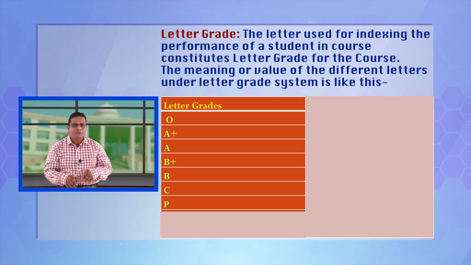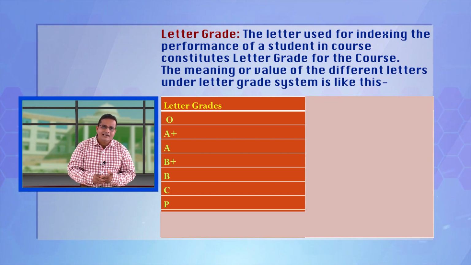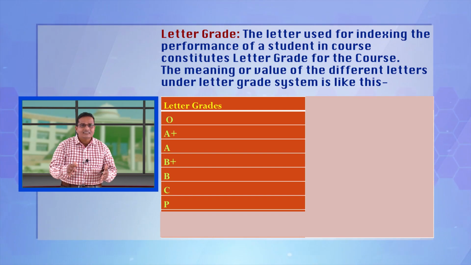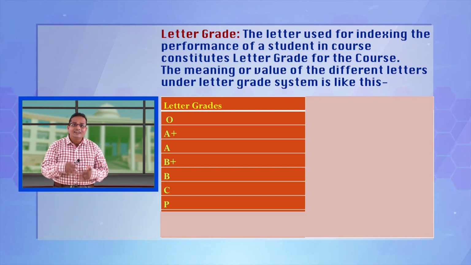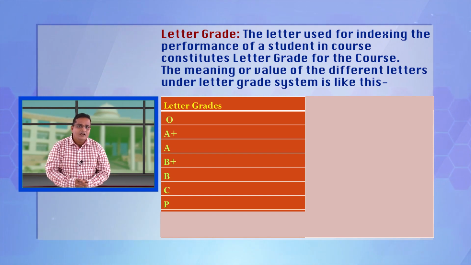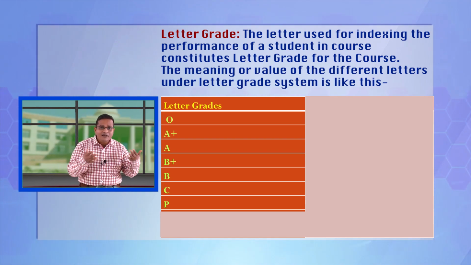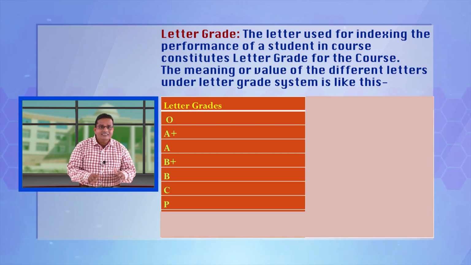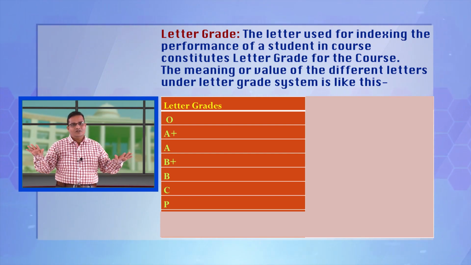A student's performance is evaluated on a 10-point scale under CBCS using these letter grades. The meaning of the different letters under the letter grade system is like this.